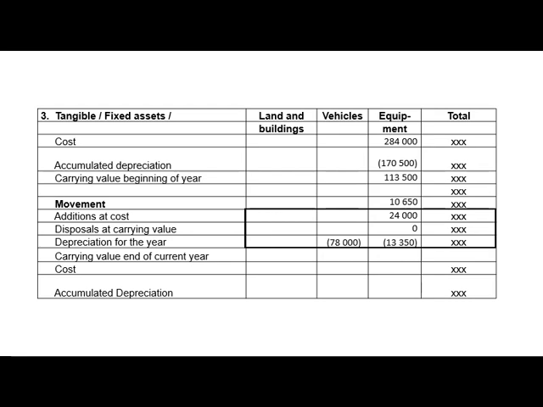When you take 10,650 and you add it with 113,500, it should give you carrying value at the end of the year. But I'm going to do it step by step. When it comes to cost, you will take cost at the beginning of the year, which is this 284,000, and then you add any additions.